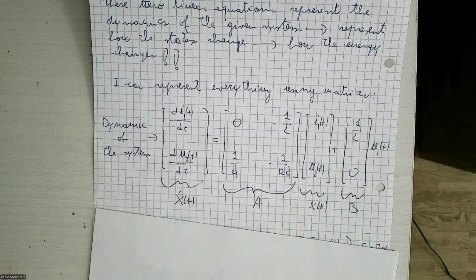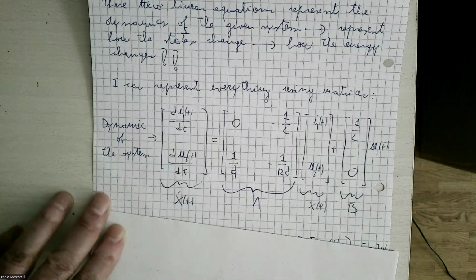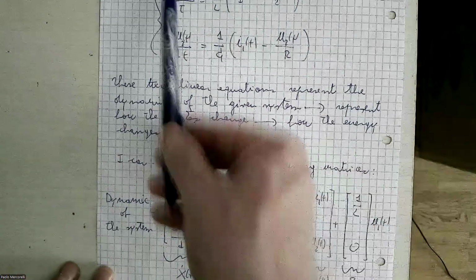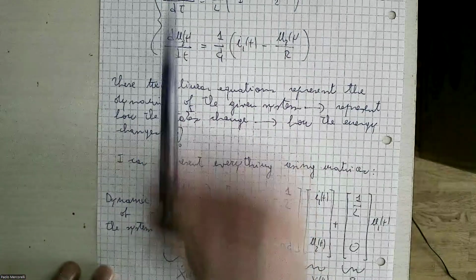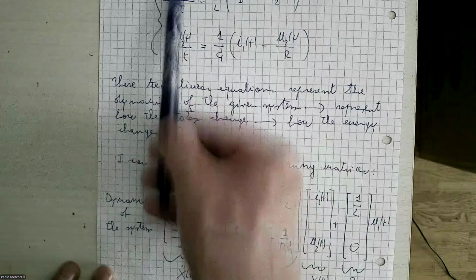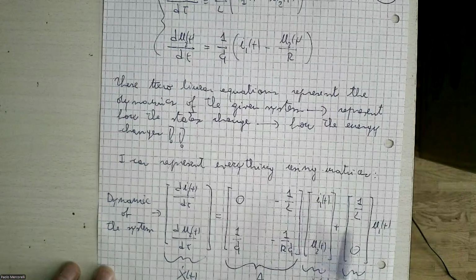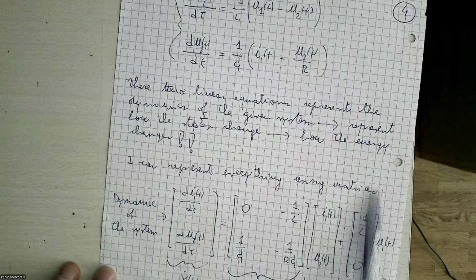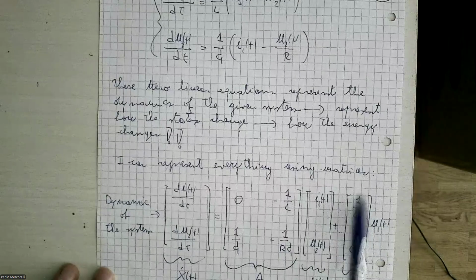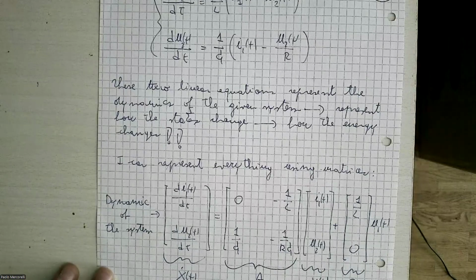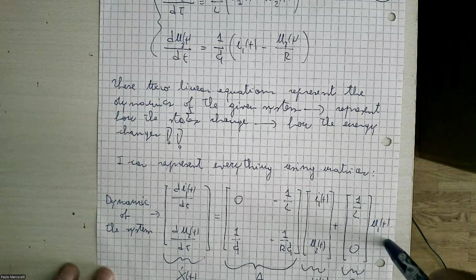Now we do the same exercise, in which we have the derivative of our states in the vector equals a matrix multiplied by the state vector plus a vector, in our case, which could also be a matrix if you have more than one input, multiplied by the input or the inputs.